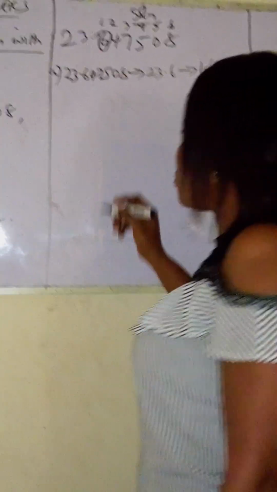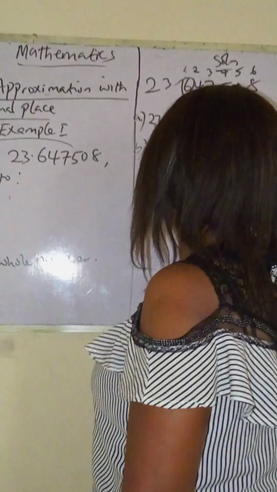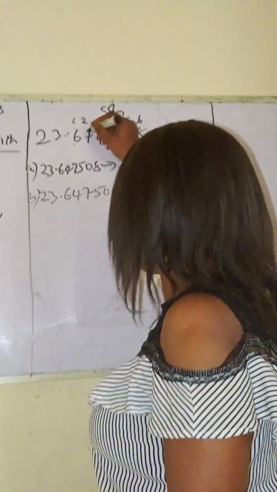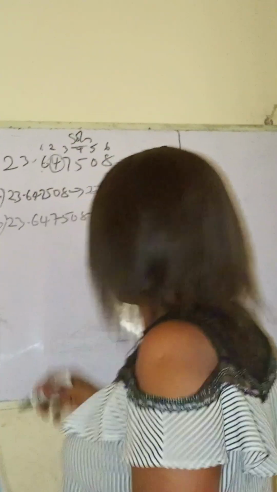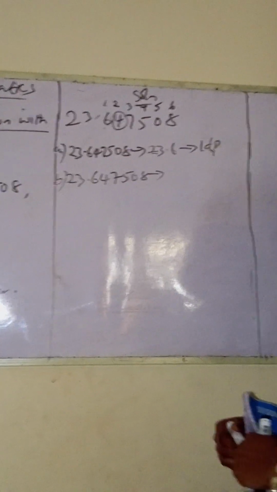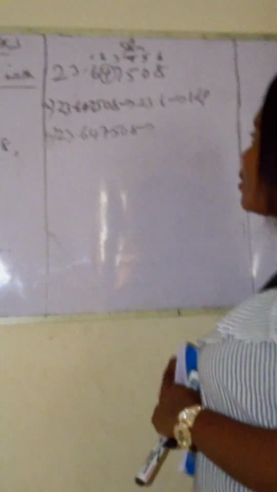We go to the next one, B. So 2 decimal places, 23.647508 to 2 decimal places. Circle where you have 2. When you circle where you have 2, look at the number that is next to it. If it's up to 5, you can approximate, but the number next to it now is 7.